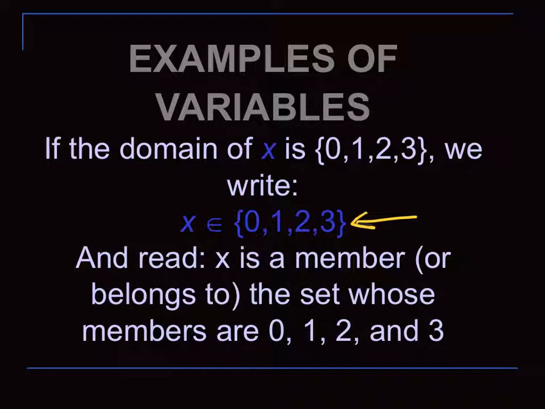That's a way of writing it when you want to show a set of numbers that x could be. I'm not so worried about the words you use here, but that you understand it means that x can be any of those things. I don't know what the problem is, but for whatever that problem is, 0, 1, 2, and 3 could all be possible answers.